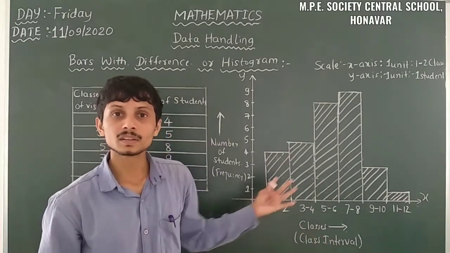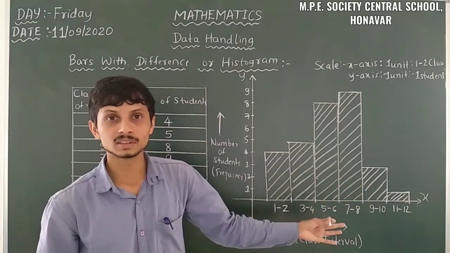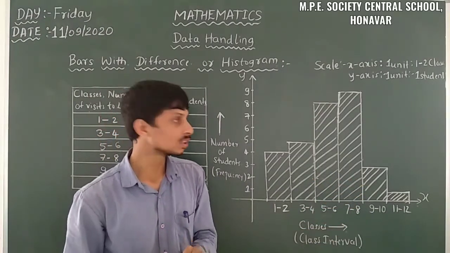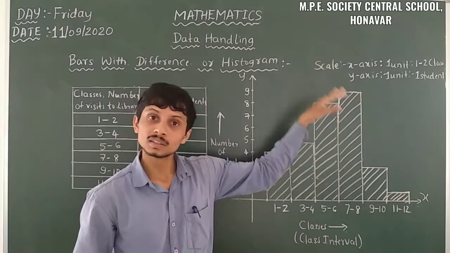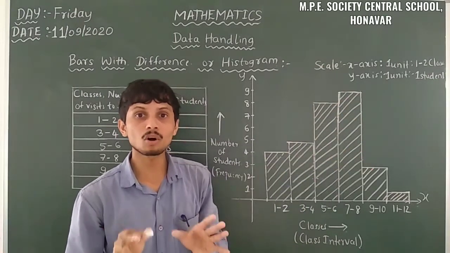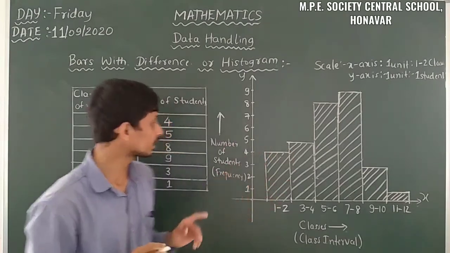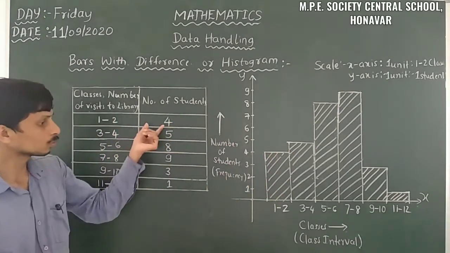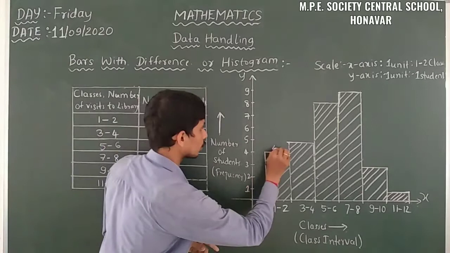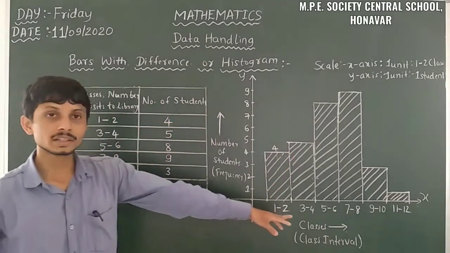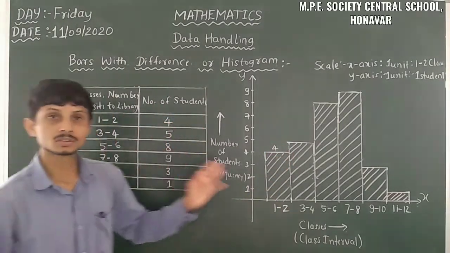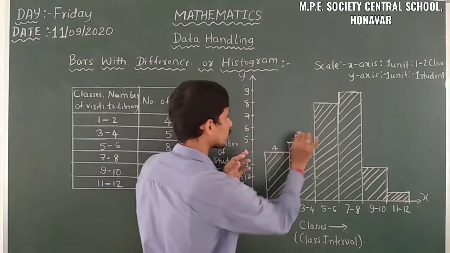So here the histogram is like this. These are bars with gaps. The height of the bar shows the frequency of the data. So 1 to 2 shows 4. Then 3 to 4 shows a bar with a frequency of 5.